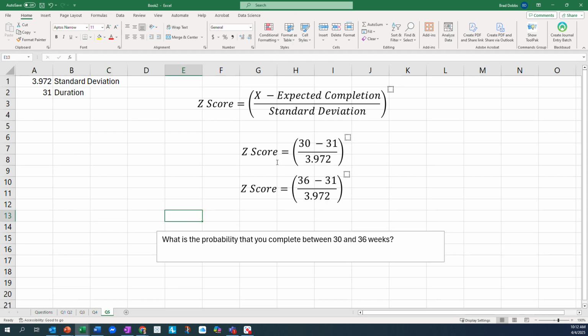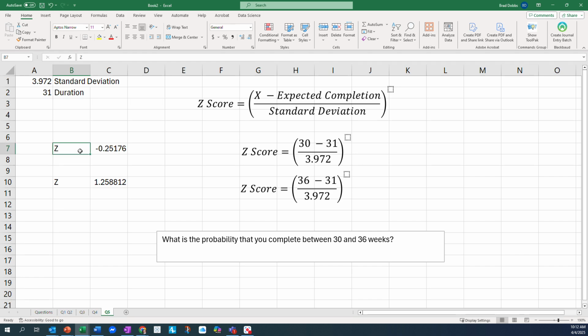And then for this one, we want the probability that we'll complete between 30 and 36 weeks. So on my first one, we have -1 divided by 3.972. For the next one, we have 5 divided by 3.972, and these are my two z-scores.